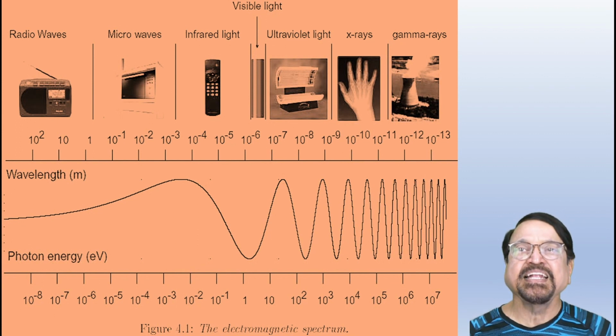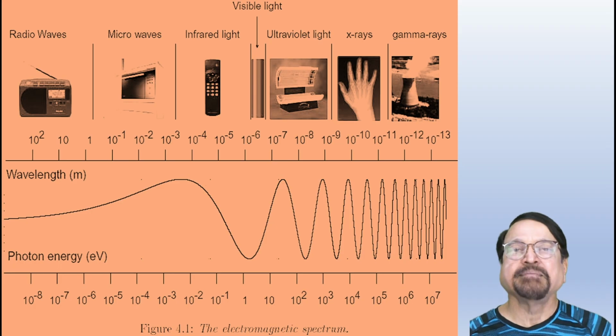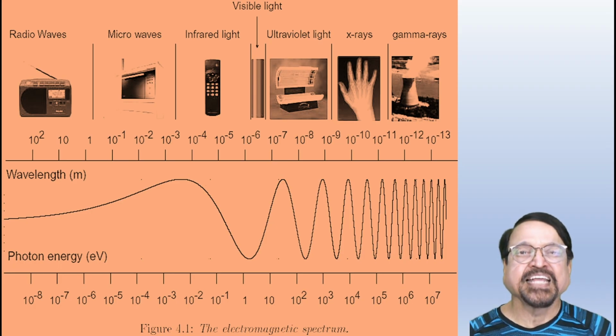Now let us see here. First are radio waves, which we use in our households. Then are the microwaves, which in the kitchen we use as heating appliances. Then are the infrared, which are used for remotes. Then we have ultraviolet rays, and then come the X-rays.